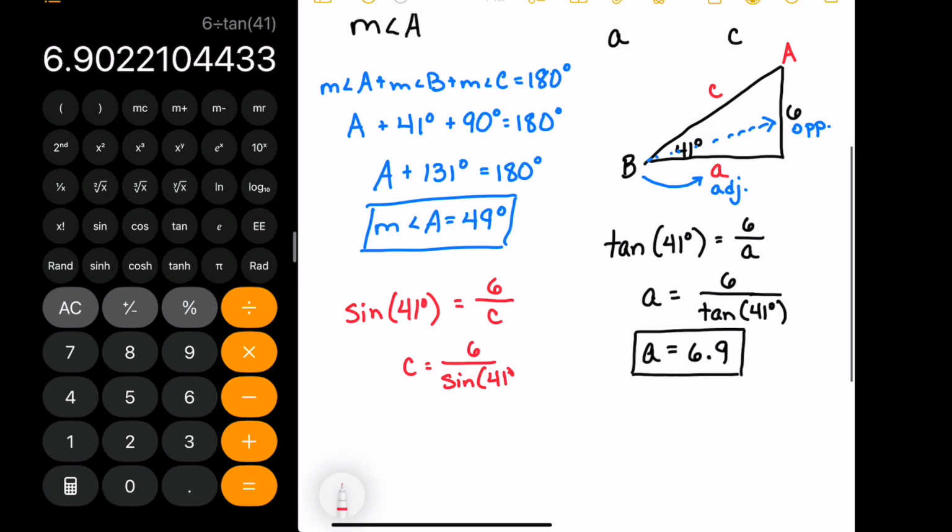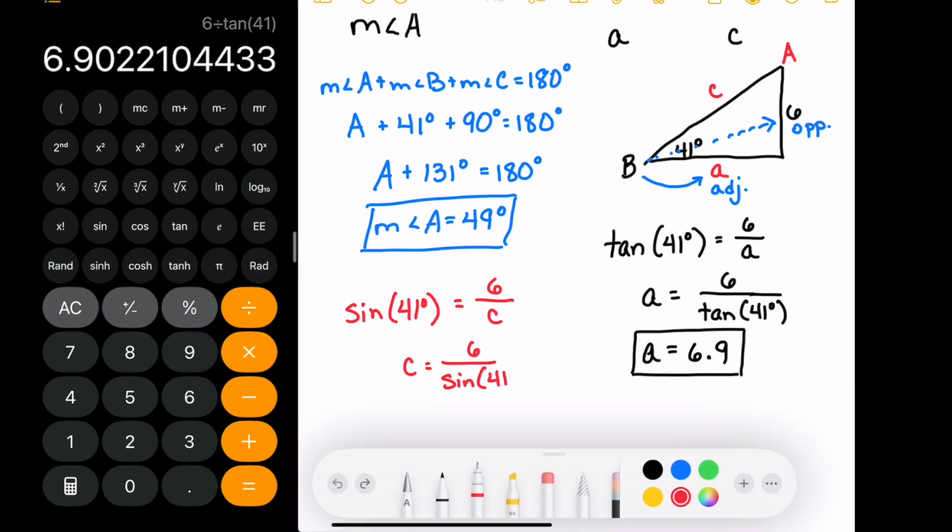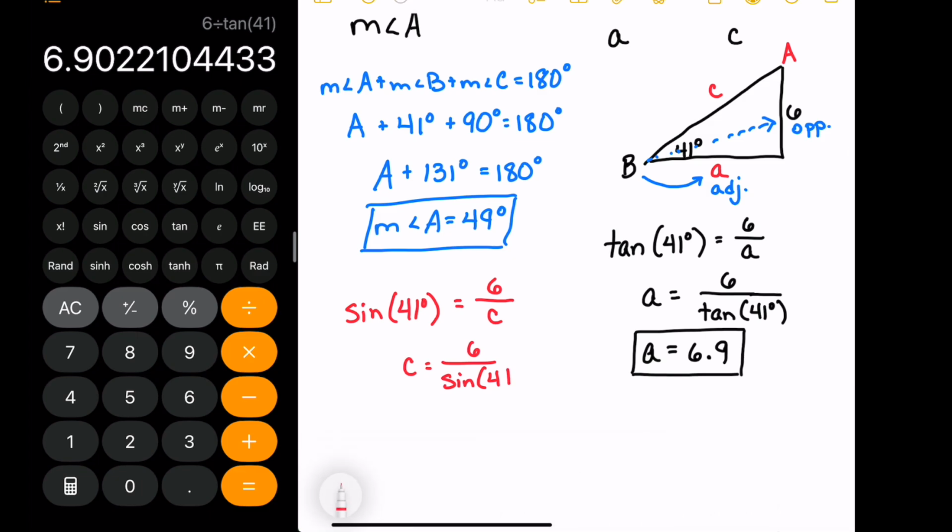I'm going to get the exact same answer doing this as I would if I did the Pythagorean theorem. So 6 over sine 41. I'm expecting my answer to be bigger than 6.9, of course, since the hypotenuse is the biggest side. So if I get an answer that's lower than 6.9, I will know I have done something incorrect. 9.1, we'll call it. And there's side C.